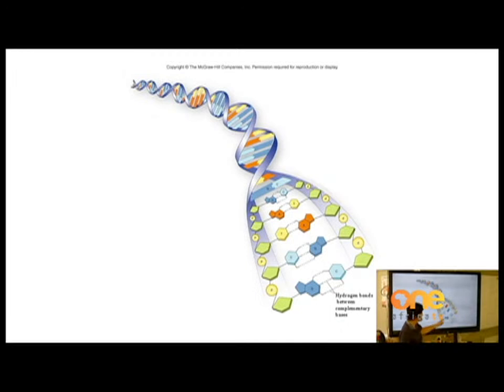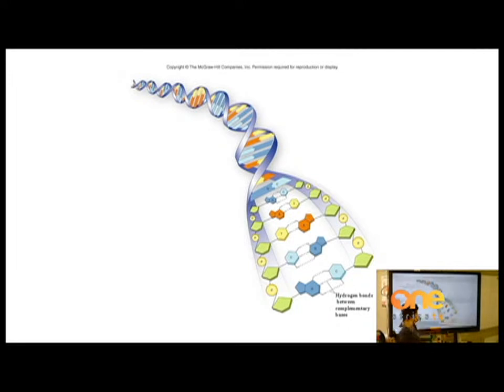But in between, I have 4 different types of nitrogenous bases: adenine, thymine, cytosine, and guanine. But they link with a complementary pair. So G always to C.